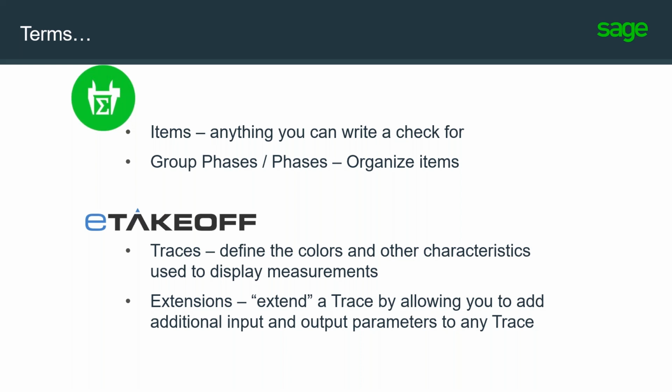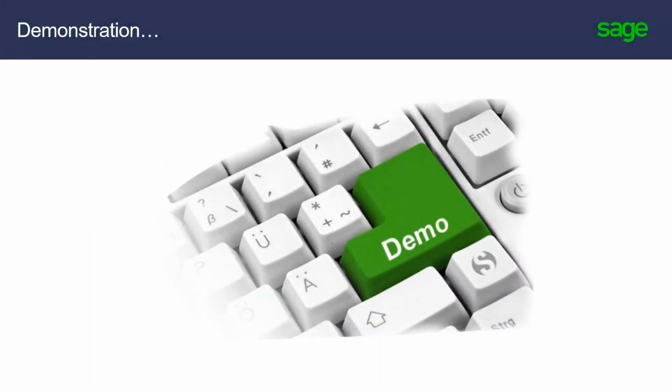So a trace is that thing that we're going to trace or count or do on the plan or drawing itself to get our measurements. Extensions extend a trace. They allow you to add additional input and output parameters to any trace, and they are powerful. We're going to look quickly at a piece where we talk about extensions. So just those quick terms there. Let's get into it here.